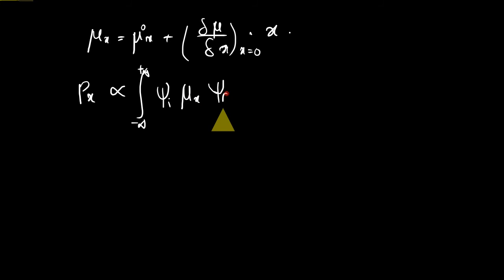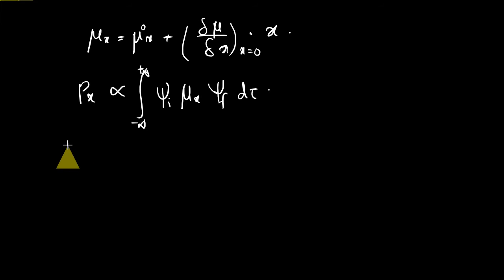So that is the x component of the spectral transition probability.